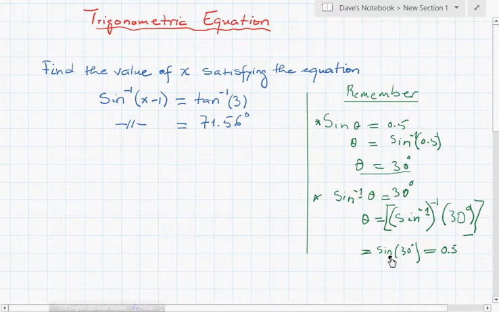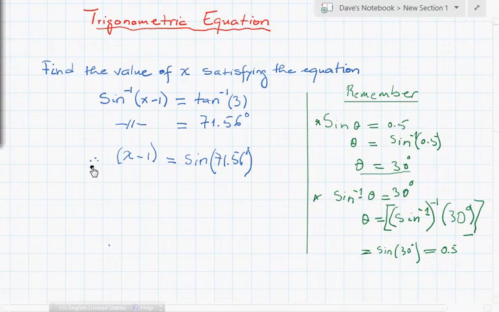So this gives us sine of 30 degrees, which equals 0.5. This is the same process here. Therefore, x minus 1 will be equal to sine of 71.56 degrees.